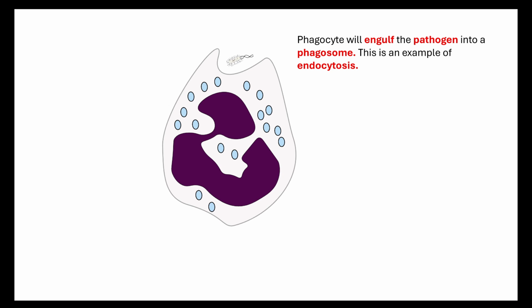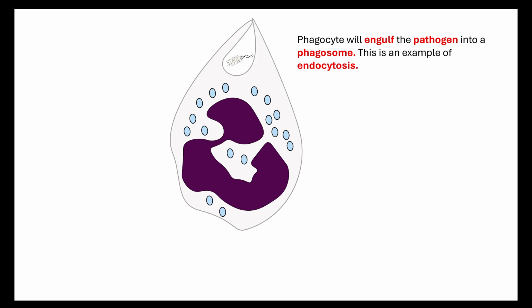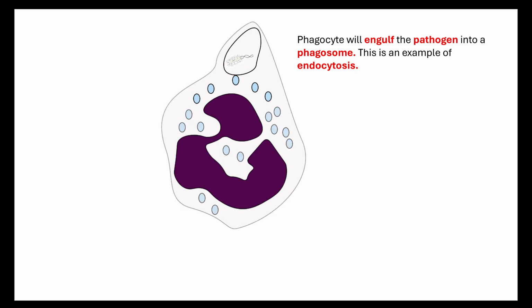So the cell, the phagocyte, the neutrophil has moved towards the pathogen and is now starting to put out these projections of itself to surround, so that it can engulf this pathogen into what's known as a phagosome. So a phagosome is a very specific organelle now inside the phagocyte which contains the pathogen. So that is an example of endocytosis.